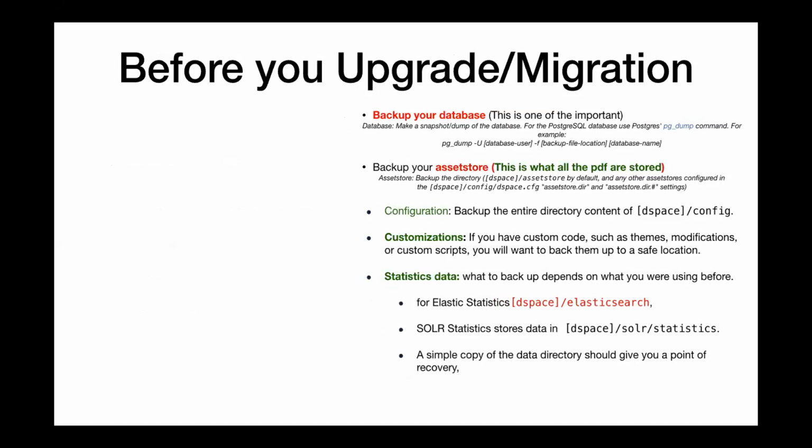Before you do the upgrade or migration, these are some of the things that you need to consider. First of all, you need to back up your database. Someone called me who had a backup, but he didn't back up the asset store where all the PDFs are stored.